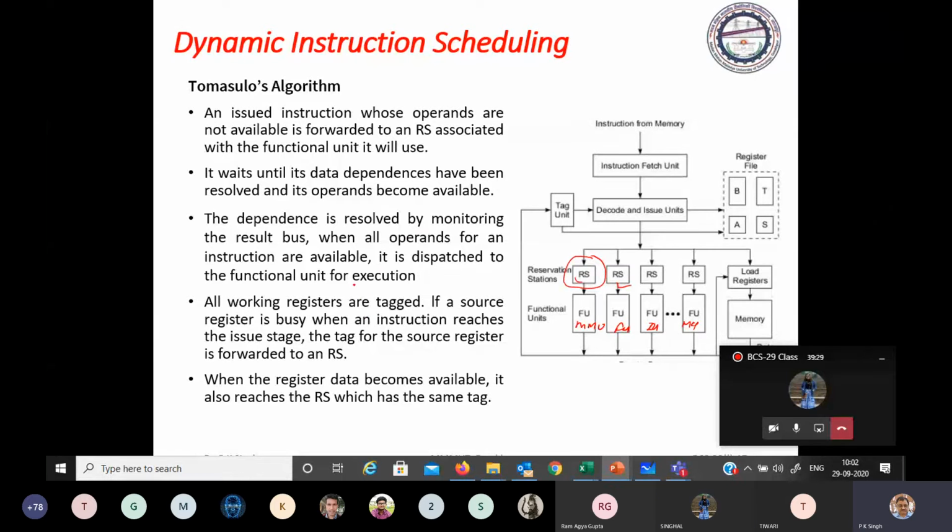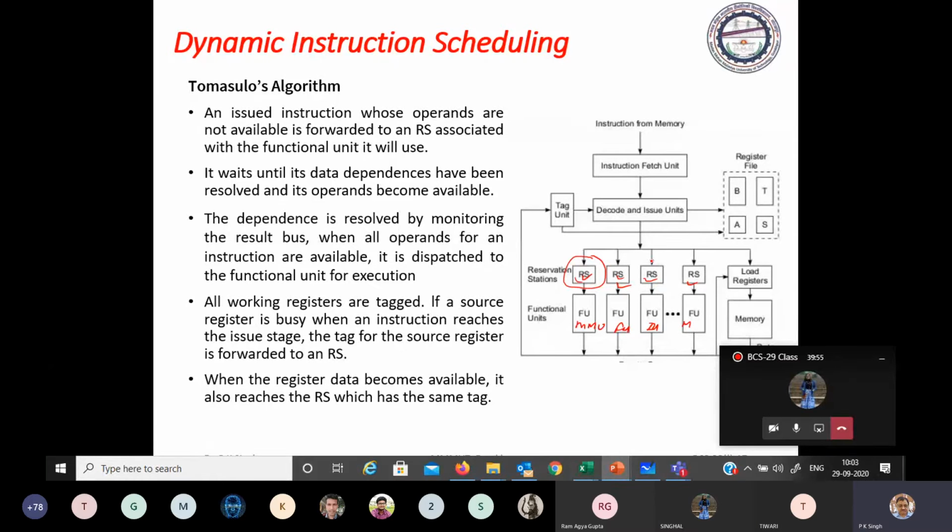What happens after decoding the instruction? Instructions get issued to a reservation station. It will issue to a particular reservation station, and it will remain in the reservation station up to the instant the operand required for that instruction becomes available.